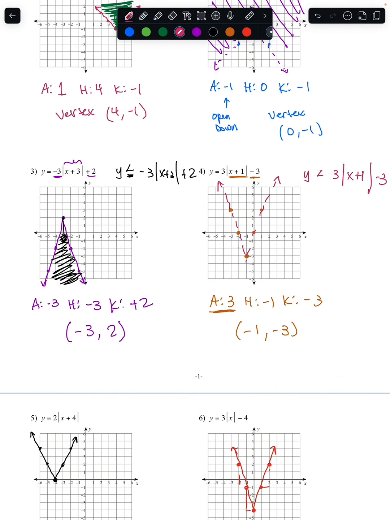And this says less than. Go to your vertex, shade below, and this happens to be this part. It's the outside. Okay, that's the gist of graphing inequalities, equations. Absolute value equations and absolute value inequalities.